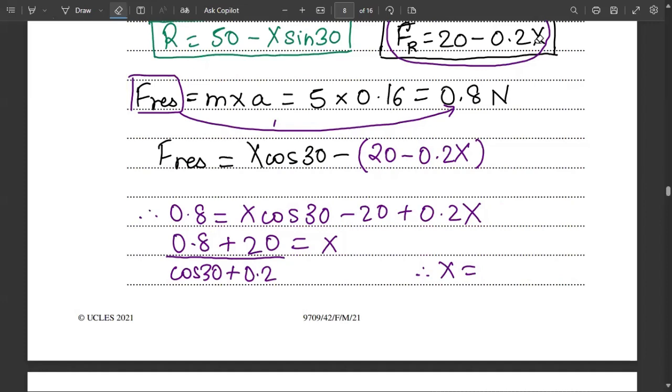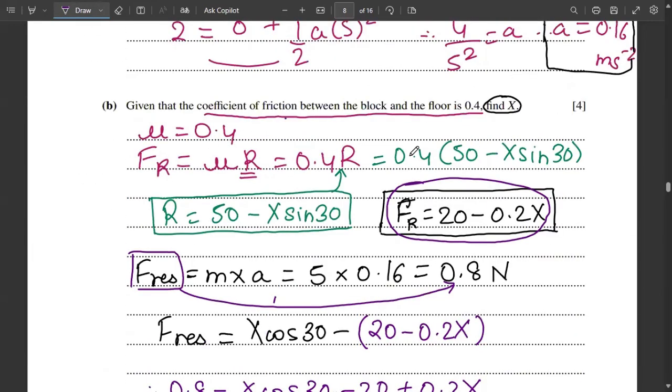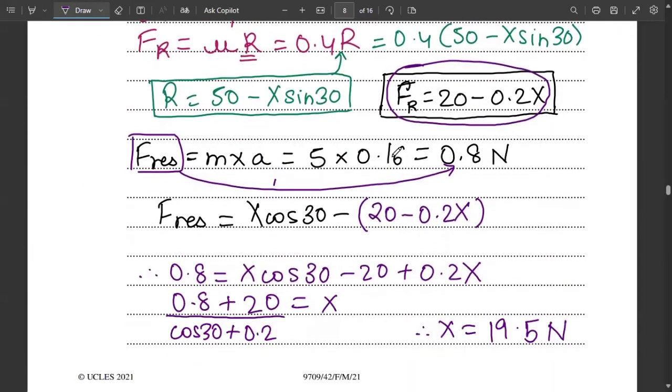Now if I put this in the calculator, 0.8 plus 20 upon cos 30 plus 0.2, the answer will be 19.5 Newtons. And that's how we end the B question. Let's move to the C part.